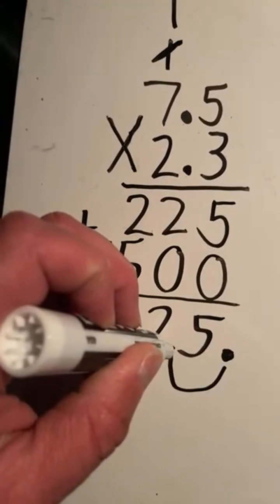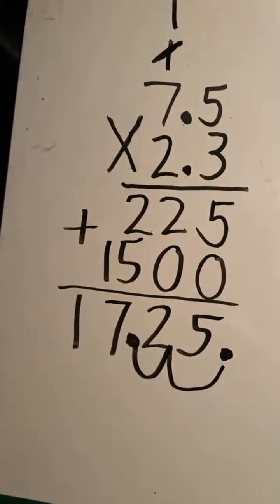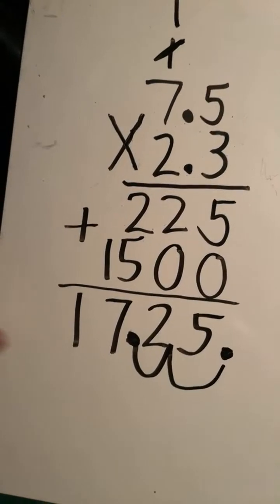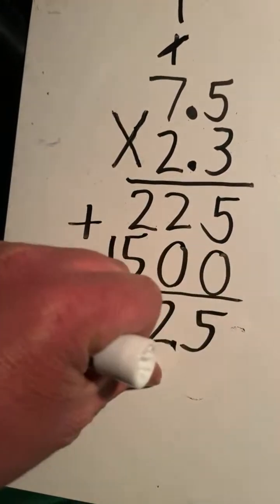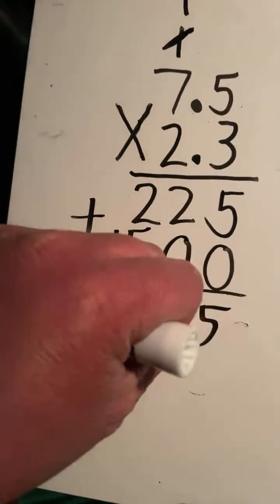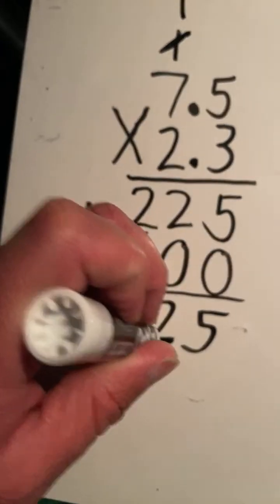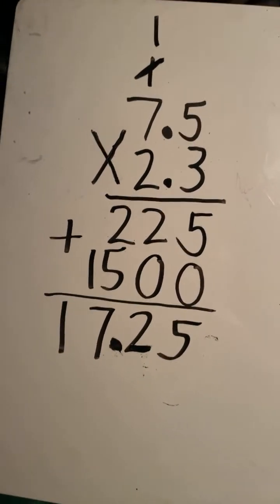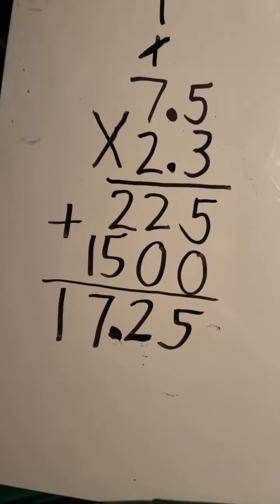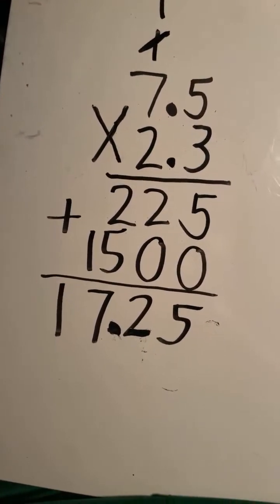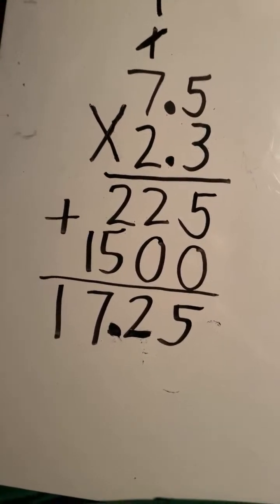So 1, 2. So now we have our final answer. 7.5 times 2.3 equals 17.25. Or another way to say it is 17 and 25 hundredths.